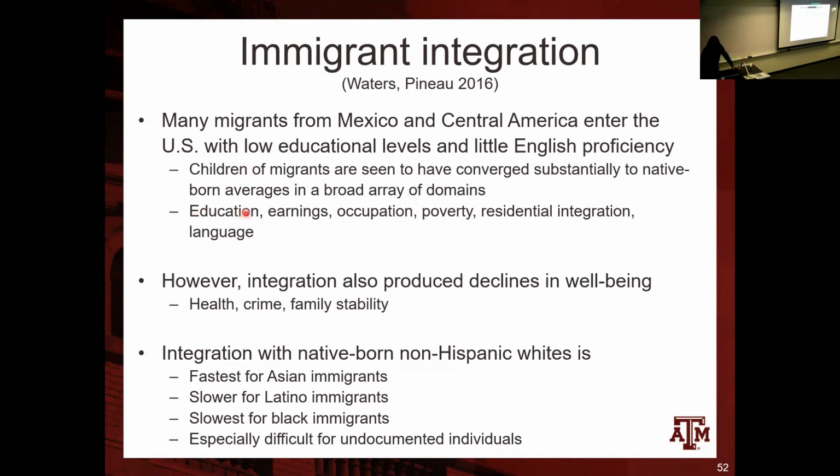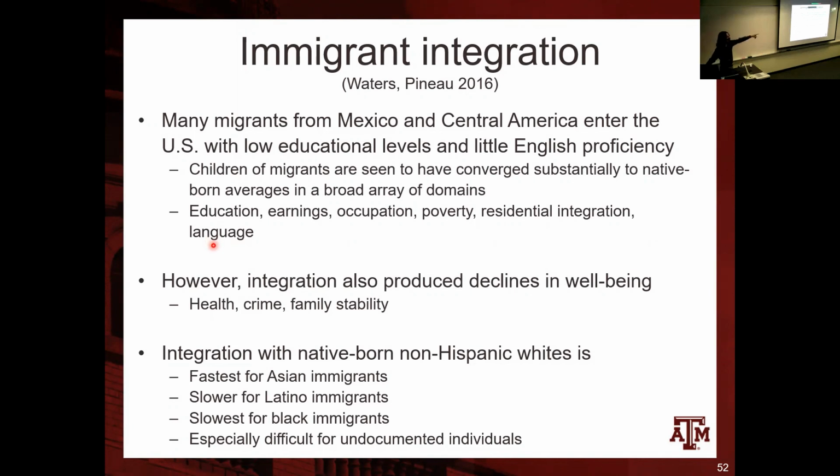So they increase education, increase earnings, start to get better jobs, decrease poverty, increase residential integration. Of course, children of immigrants are raised in the US. They learn English since they are children, since they are born, right? Integrated in the society, in school.